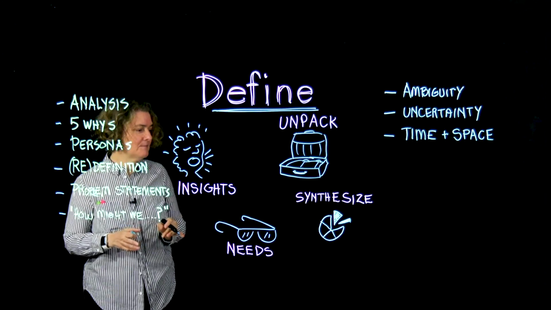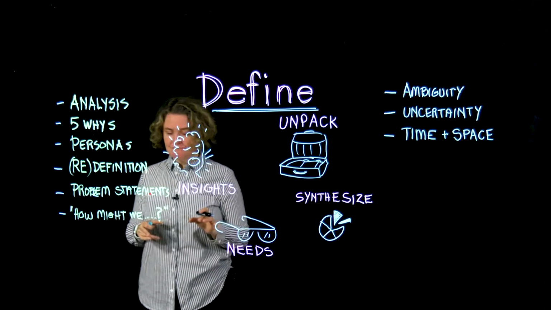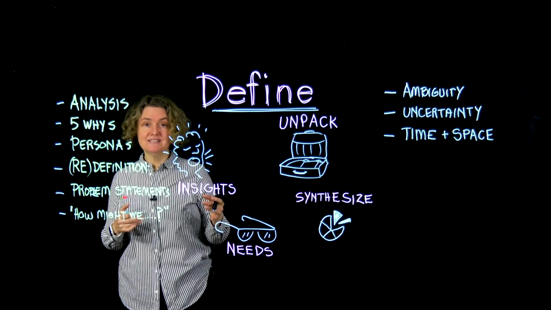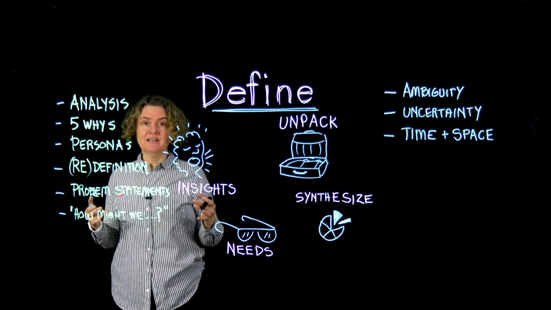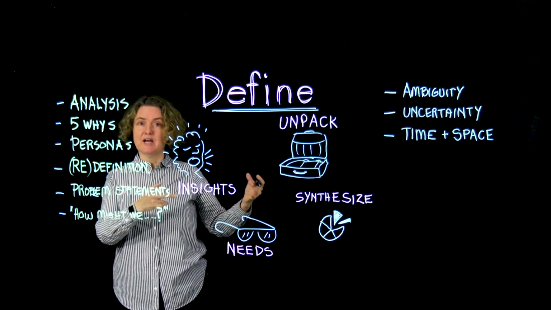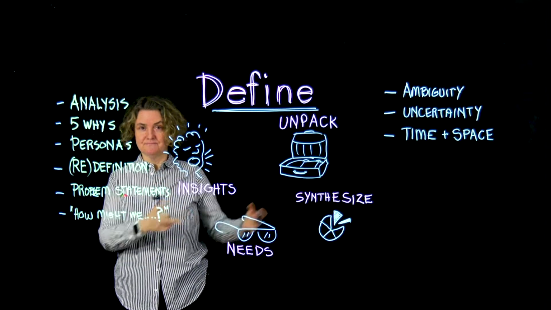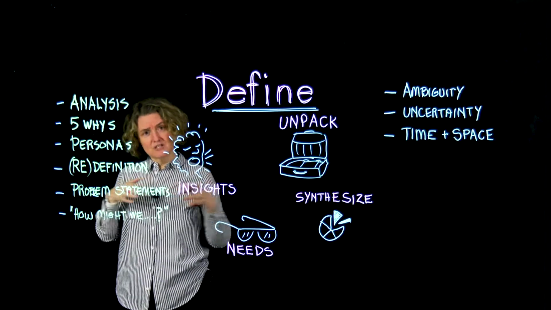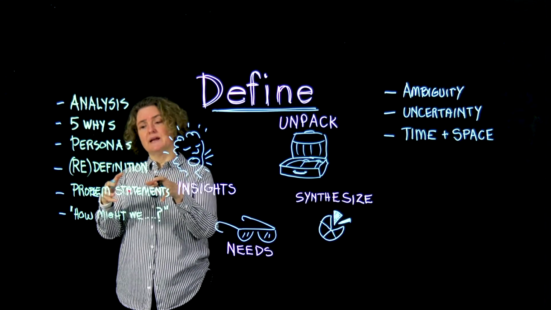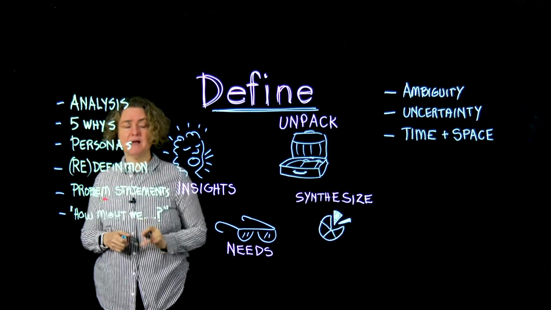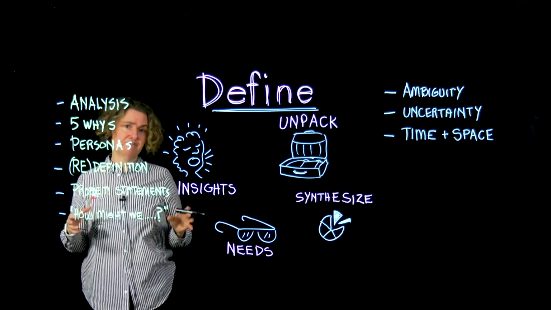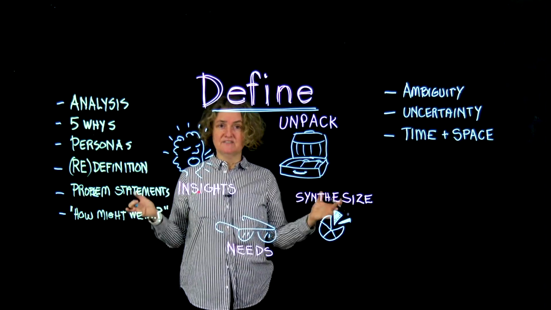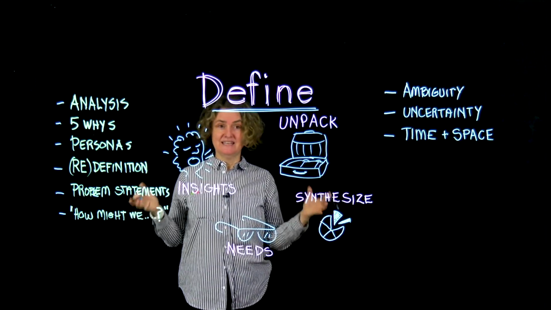How might we provide peace, tranquility, and security through a fast airport experience? So you can see I'm trying on lots of different things to go at this one problem area, and that's the how might we reframing. So there you have it. The define step in a nutshell.